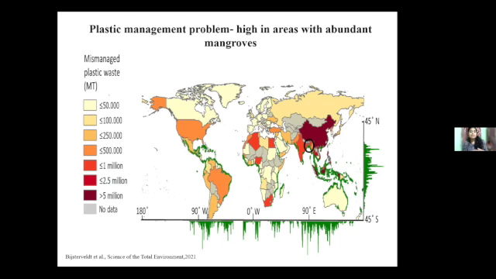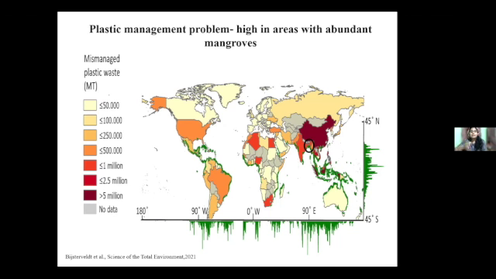This map clearly illustrates that mismanagement of plastic waste is high in the areas where mangroves are still abundant. So this co-occurrence of mismanaged plastic waste and high mangrove abundance is going to be problematic because due to the root structure of the mangrove that decreases the flow rate of the water, a lot of plastic debris and particles get deposited on the mangrove floor.